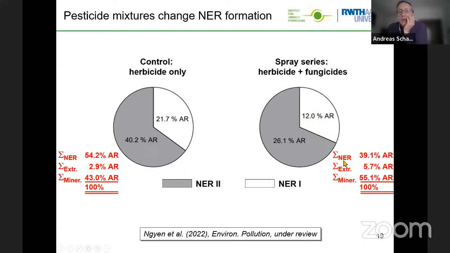So more of these residues are extractable. And also the percentage of the type 1 and type 2 NER is different. So the conclusion is that this mixture also makes a difference regarding NER.